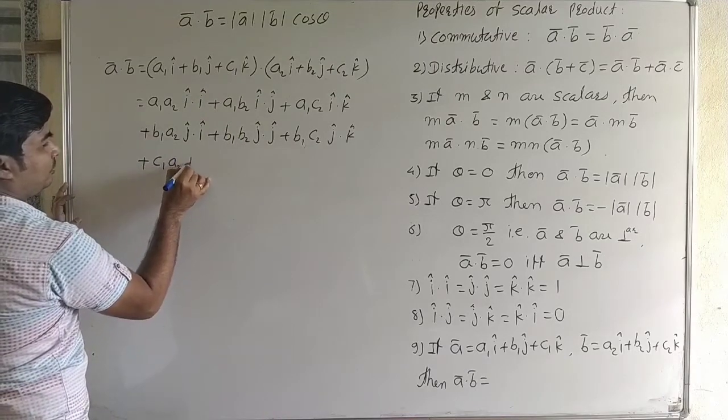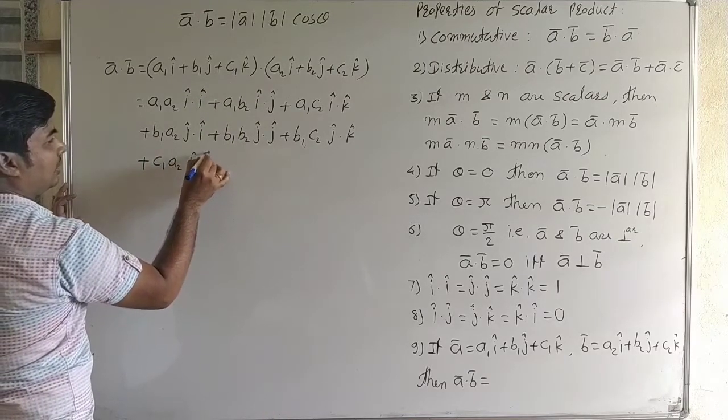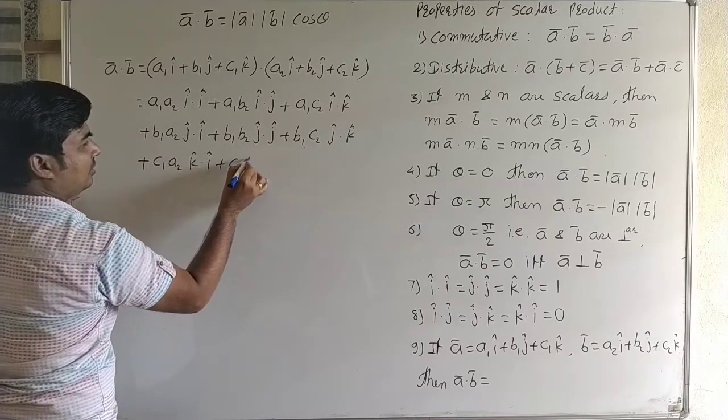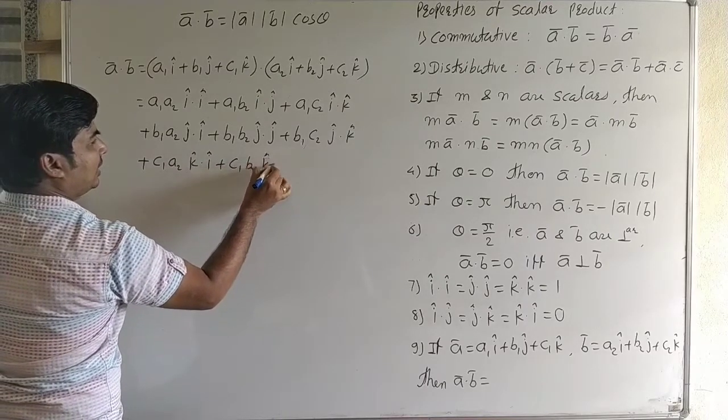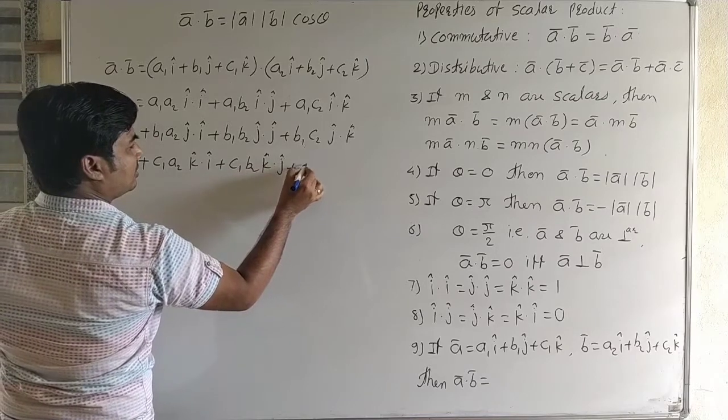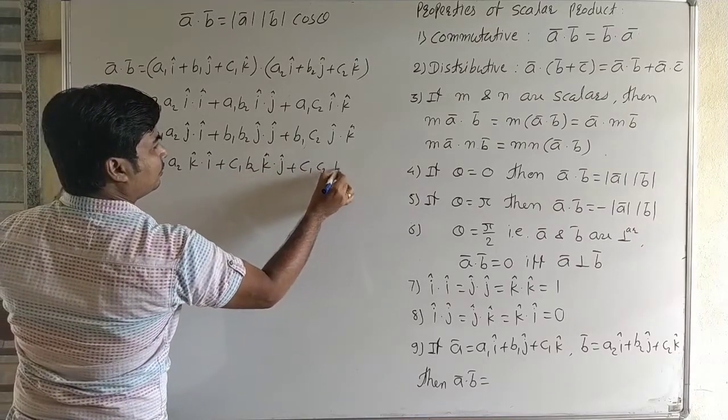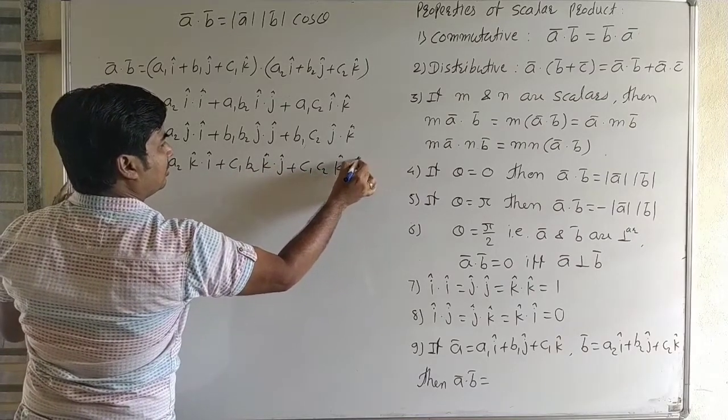C1 A2 K cap dot I cap plus C1 B2 K cap dot J cap and plus C1 C2 K cap dot K cap.